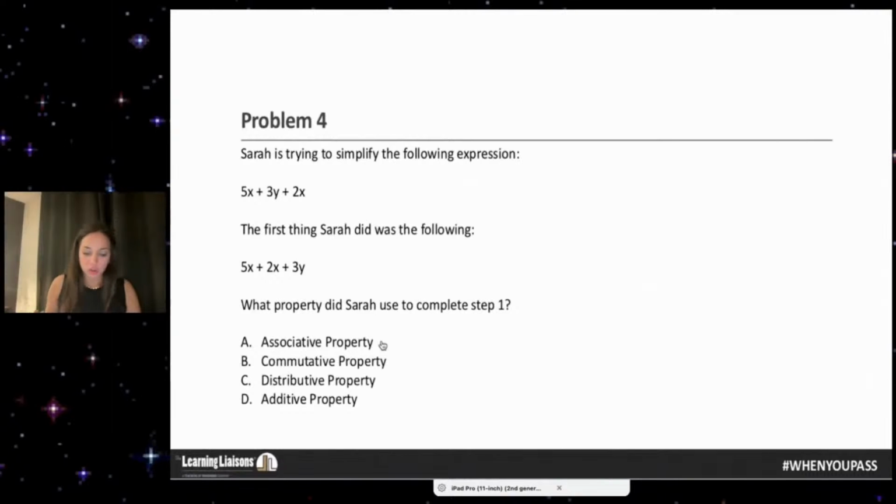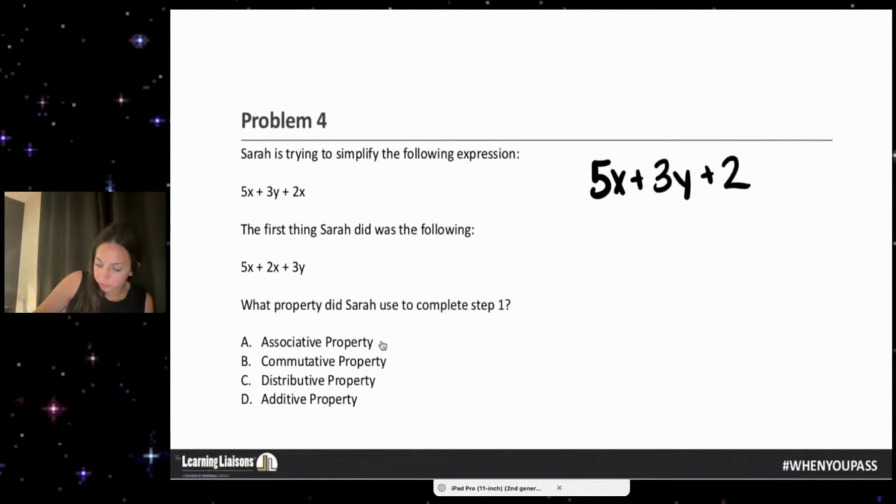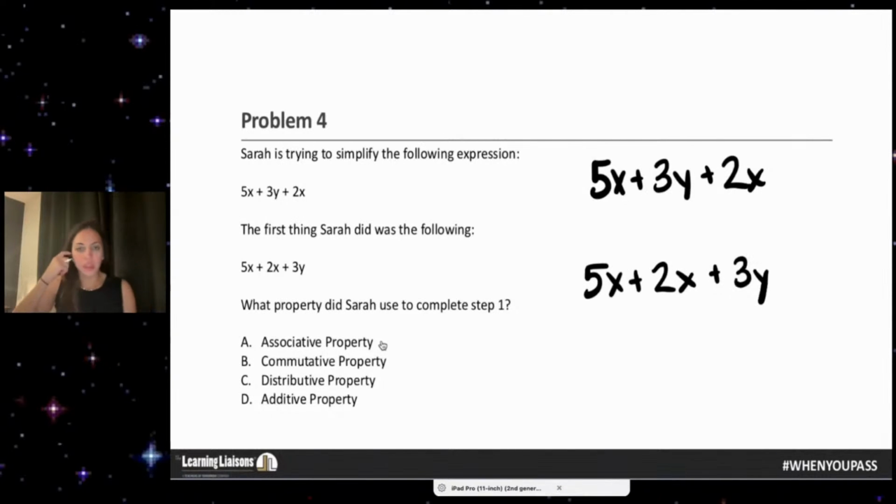All right, so if Sam is trying to simplify this, and we're trying to figure out what property was used to go from the first one to the second one, I'm going to rewrite these so we can see it a little clearer. Okay, and so what is the difference from A to B?